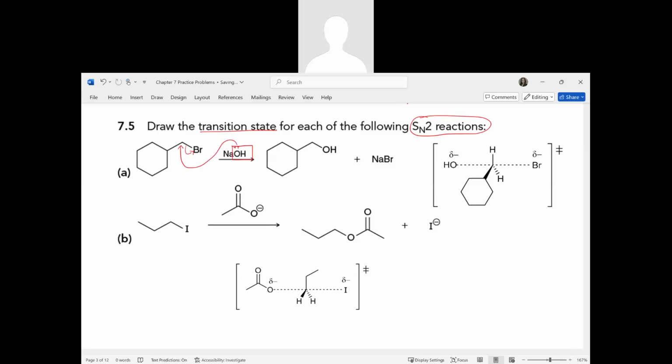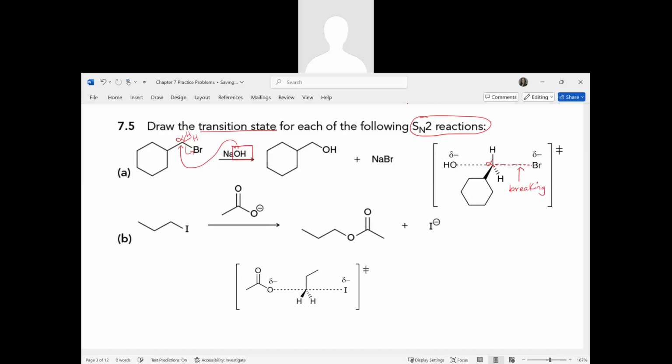What we see at this alpha carbon here is what's being shown over here on the right. Remember, there's also 2 hydrogens at this site in addition to the bromine atom. So what we need to show then is those 2 hydrogen atoms again, and then we have this dotted line here leading to the bromine showing this bond is breaking.